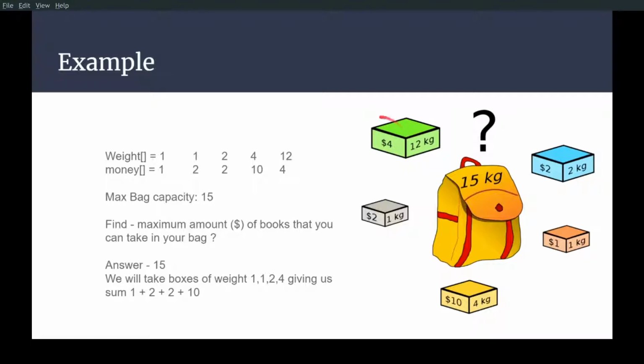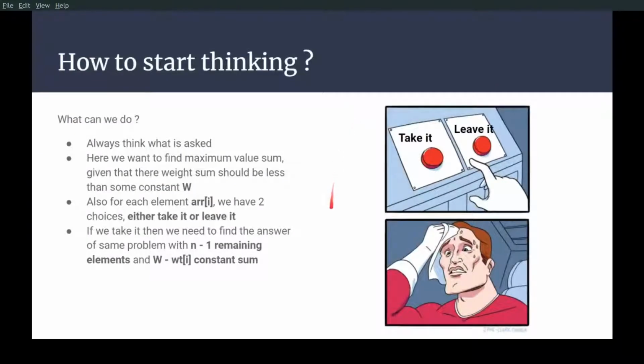Either I take the box or I don't take the box. In my final answer also, I have something like that only. That's the core idea of the problem: either we take an array element or we do not take an array element.